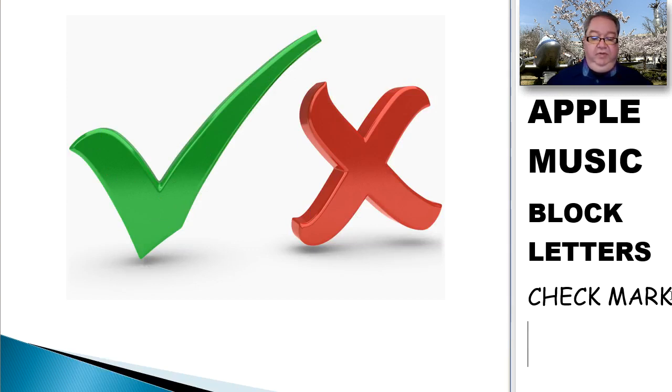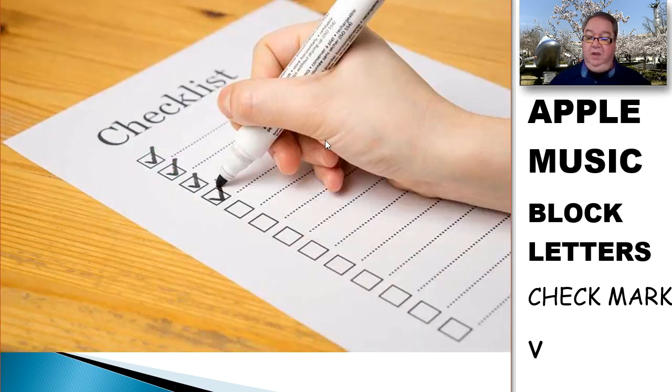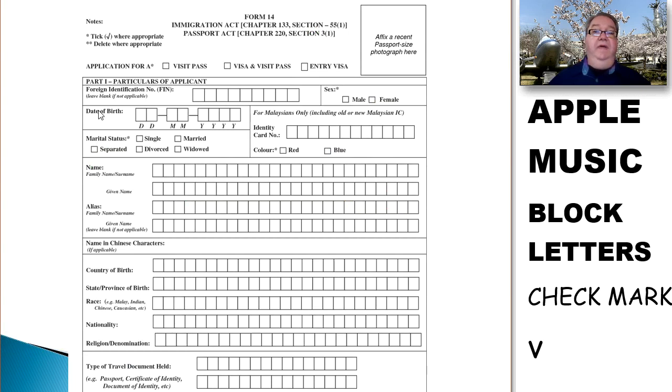I see a lot of people, they basically just make a V, okay, where it's the same length on both sides. That is not a check mark. And of course the X then is the cross, like that. And they say here, tick where appropriate. Tick means make a check mark.